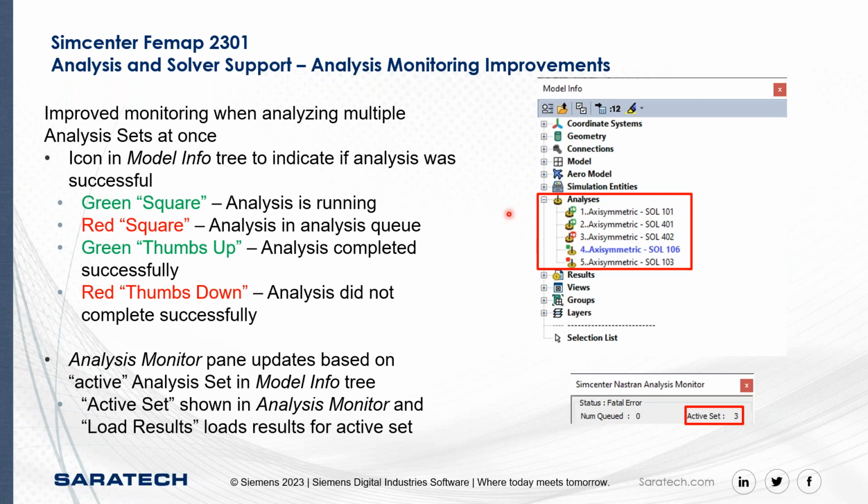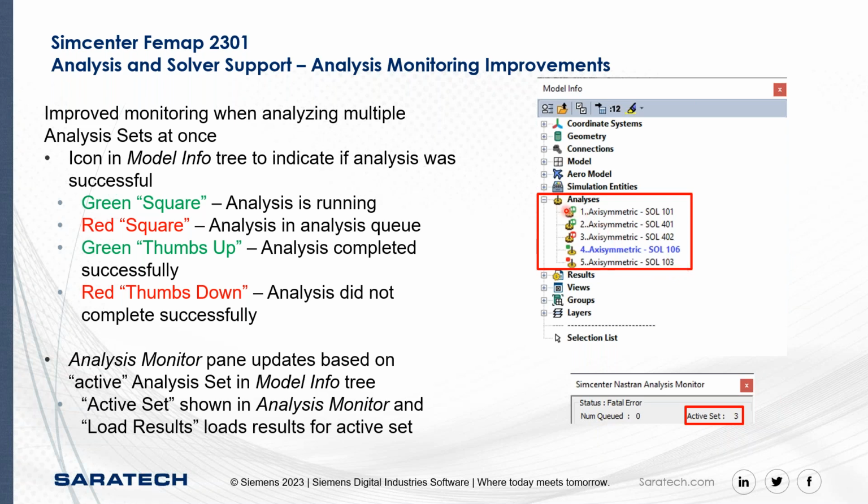Now graphically, Femap has implemented this color architecture. A green square shown here would indicate that we're currently analyzing this axisymmetric solution 106 job. The red square would say that the axisymmetric solution 103 is in the queue.